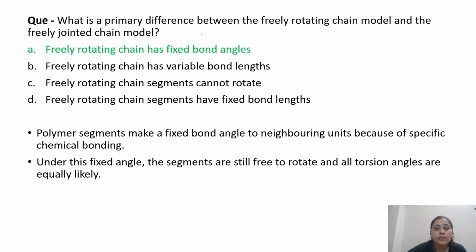It has free rotation, but it has a fixed bond angle. But in the case of the freely jointed chain model, which we already discussed, it is an ideal chain. It can walk randomly and its bond angles are also random.